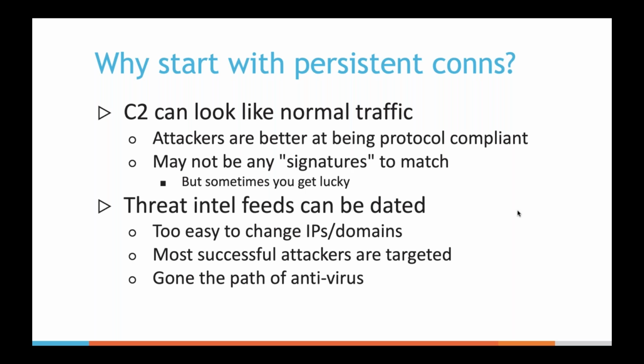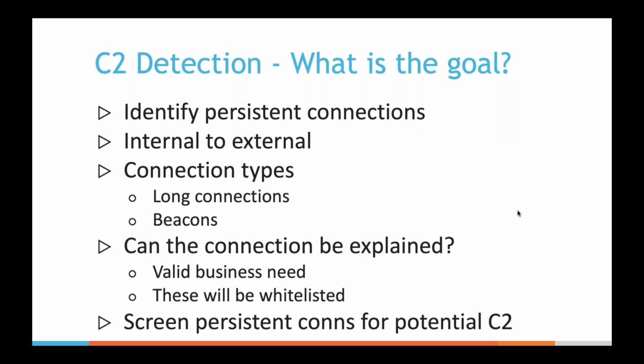So once I identify the persistent connection, I can start pulling in these other things to see how suspicious it is and how much I should be freaking out, in order to run down what's going on within our environment. So the goal is to identify persistent connections: I've got an internal system talking to somebody out on the internet, and it's doing it on a regular basis.